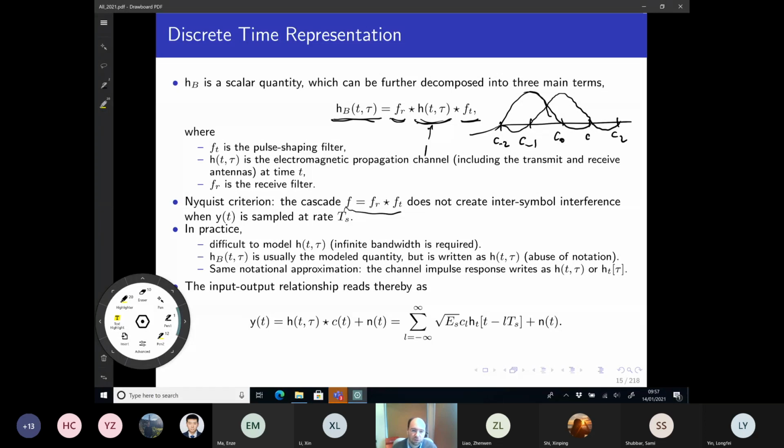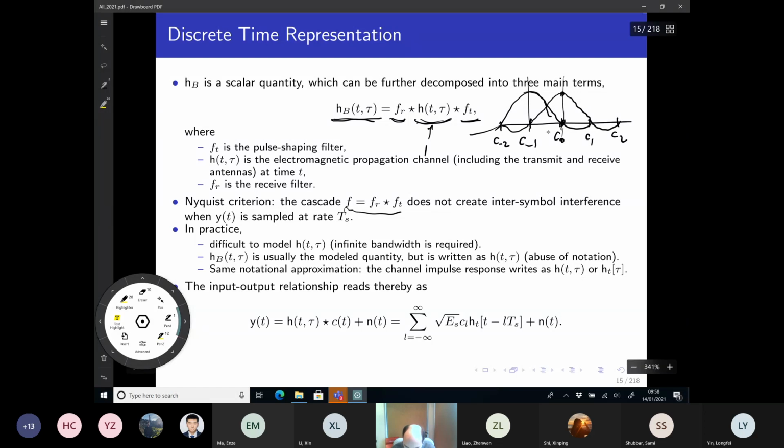And when you sample at the receiver to receive your signals, you sample at the peak here, or the peak there. And what you see is that when you sample at C0, you don't experience any interference from the waveform of the symbol C minus 1. So if you sample here at time 0, you're going to have this point here, and nothing coming from the other waveforms, which all go to 0, so you don't experience any interference from the other symbols, right?